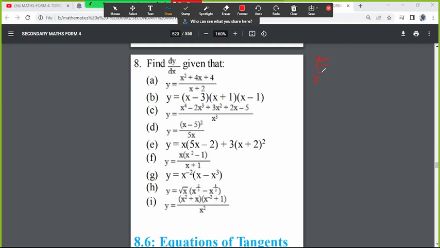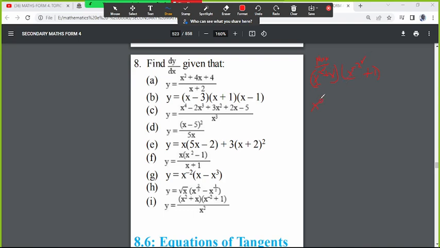X squared plus x times x negative 2 plus 1. X squared times x negative 2. The base is the same, x. Then you add the indices.